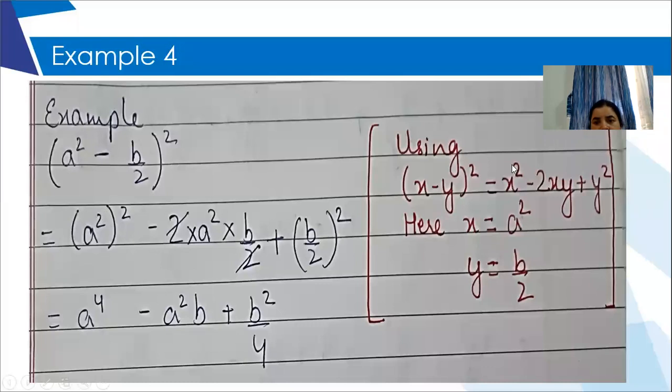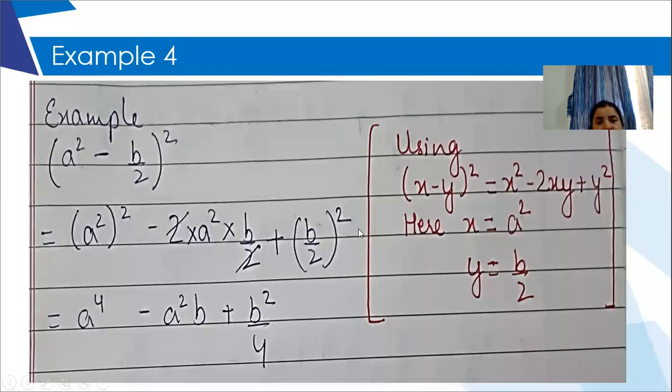Now pay attention, you will get confused otherwise. x has a square over here, but my x itself is a square term. So in place of x, you will write a square, and the outside square I have written over here. If you miss out any square of these two squares, your answer will be wrong.